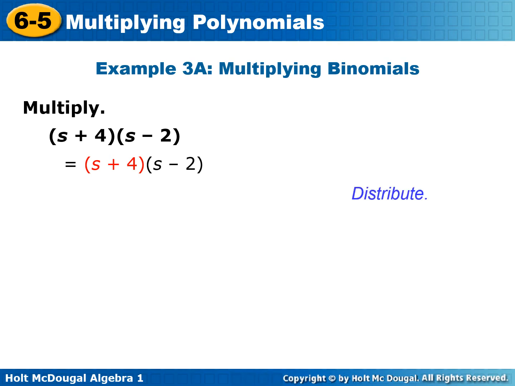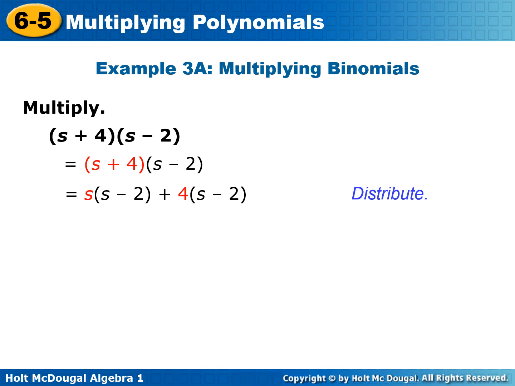Okay, so first we have to distribute the terms of the first binomial to the second binomial. So we have there s times s minus 2, which is the second binomial, and the 4 from the first binomial to the s minus 2, which is again the second binomial.